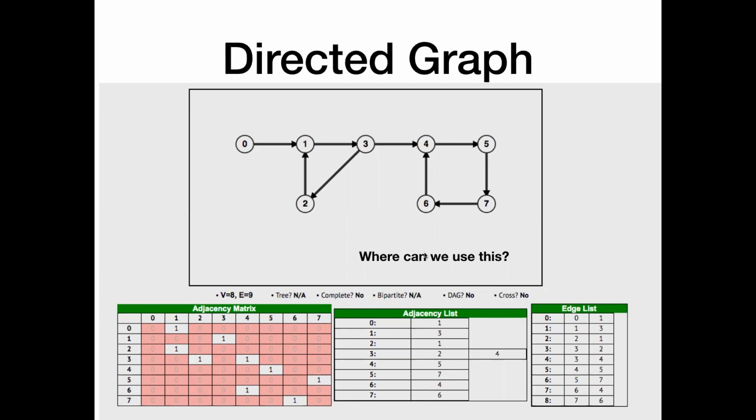Google Maps can be directed. Google Maps is actually a directed graph which has weights also in it, because if you think about it, it has distance associated with it. Delivery routing is another one, which could be a directed graph.